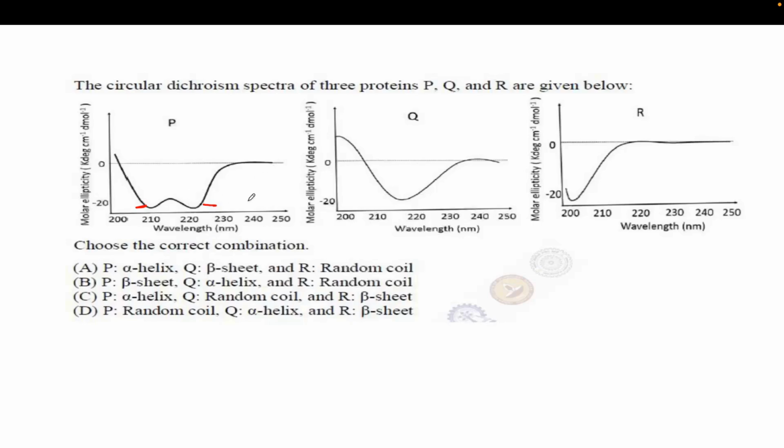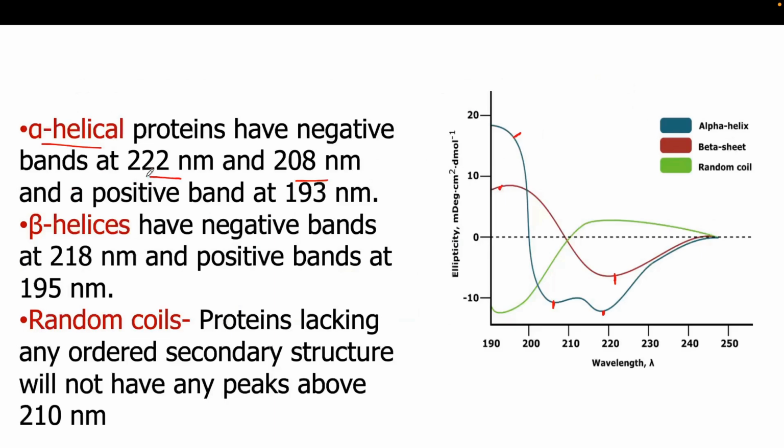There are three different types of protein spectra we have seen: alpha helix, beta sheet and random coil. This looks like the alpha helical spectrum because it has two negative peaks at 222 and 208, as well as a little bit of a positive peak at 193. That is the characteristic feature of alpha helix.